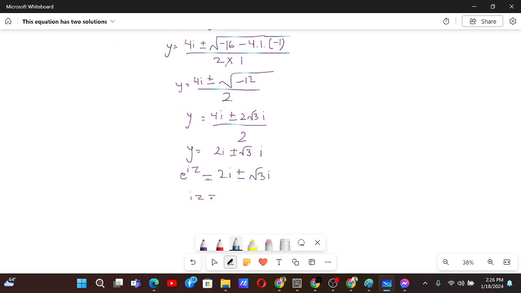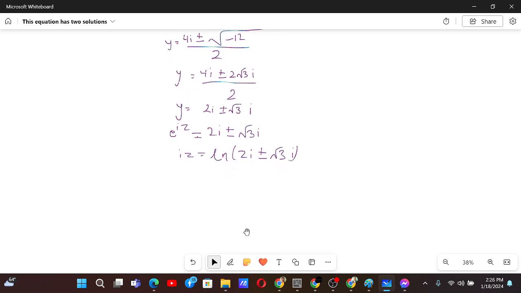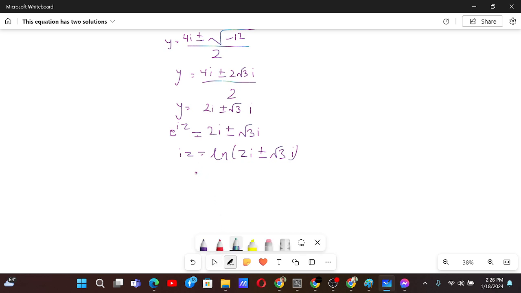That gives us iz equals ln of 2i plus minus root 3 i. And after that, our z will be ln of 2i plus minus root 3 i, divided by i.